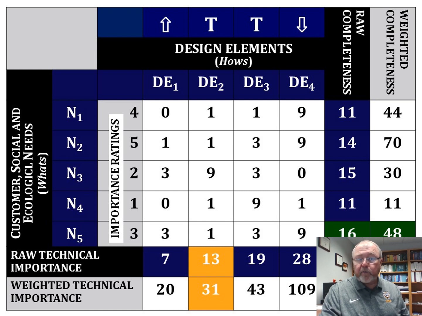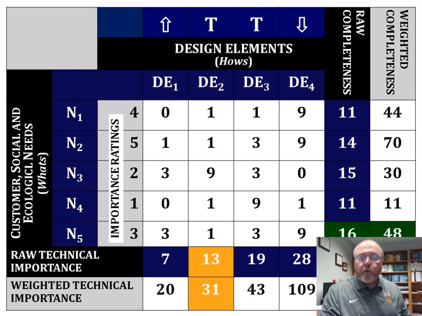Substituting the points, to obtain the weighted completeness and weighted technical importance, I would take the importance ratings times the corresponding values. So what is the weighted completeness for need 1? It is 4 times 0 plus 4 times 1 plus 4 times 1 plus 4 times 9, or 44 in all.